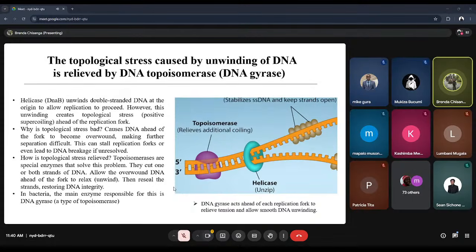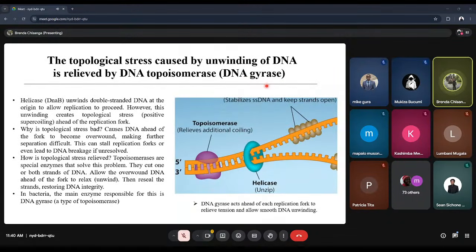So the cell, or the process of DNA replication, recruits what are referred to as topoisomerases, or should I say, in this case, because we're looking at bacteria, DNA gyrase, whichever way you're going to pronounce it.